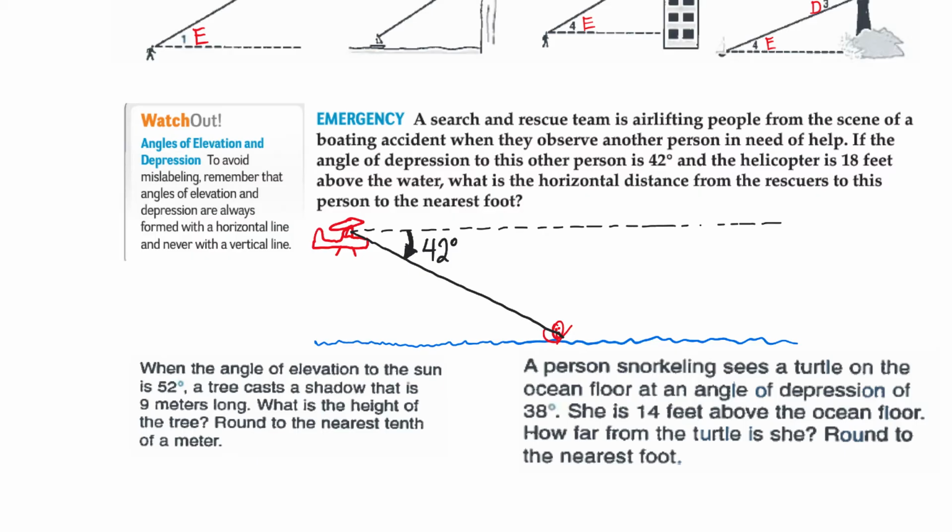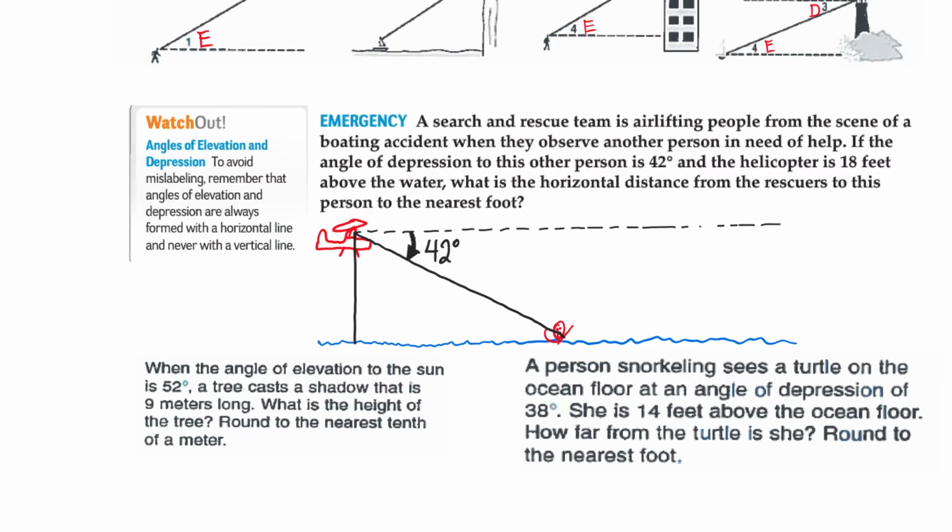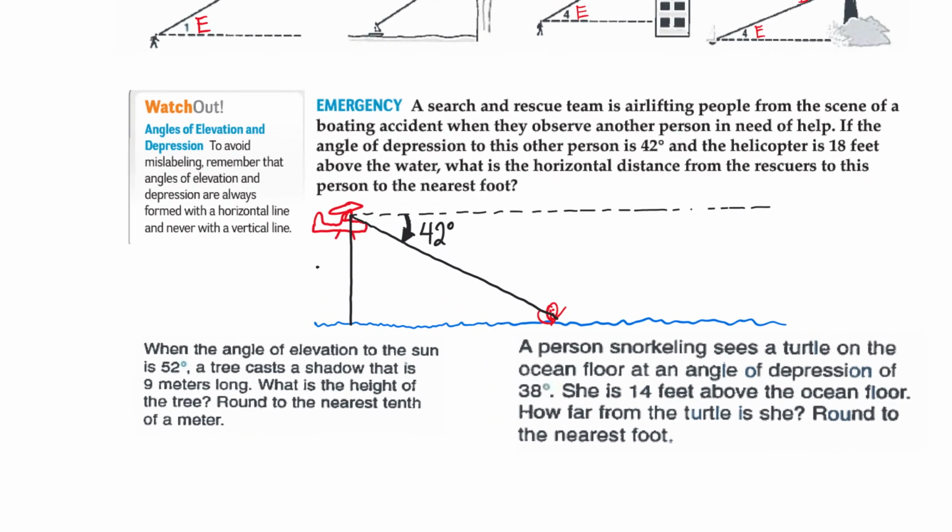And it says that the helicopter, or this, is 18 feet above the water. And the question is, what is the horizontal distance to this person? So they're asking for this length right here.